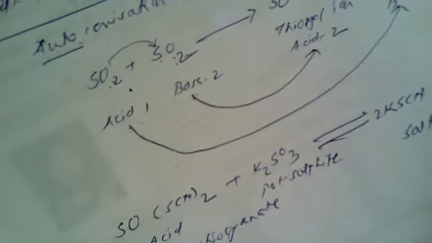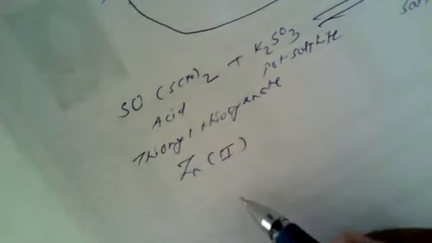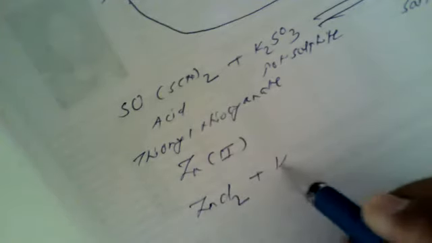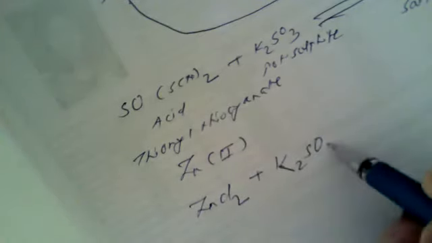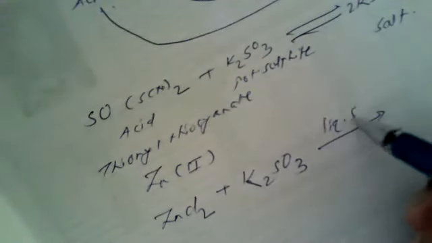Sometimes another reaction can be shown, that is some amphoteric type of behavior, that is also shown by zinc plus 2 salts. For example, if we consider zinc chloride, its reaction with potassium sulfite in presence of liquid sulfur dioxide.